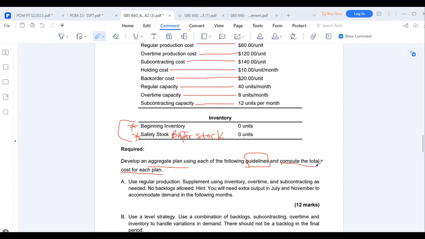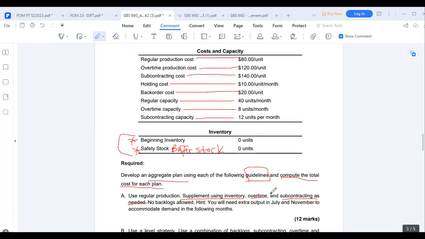Okay. So the first one says use regular production, supplemented using inventory, overtime, and subcontracting as needed. Then no backlogs allowed. The hint is you will need extra output in July and November to accommodate demand in the following months. So what this means is that we are producing to meet the demand.